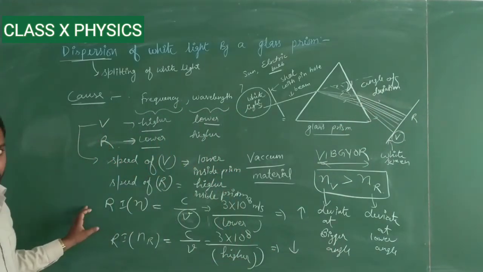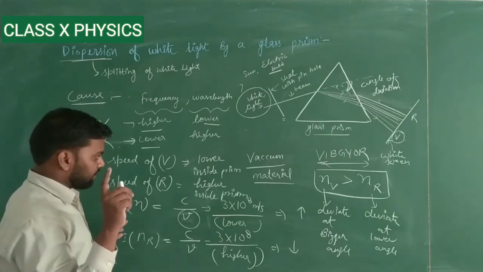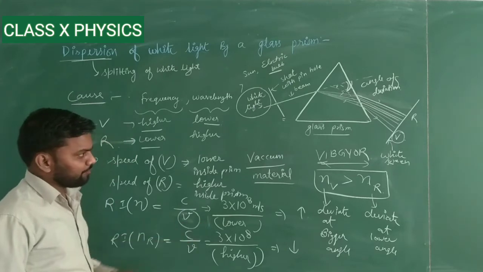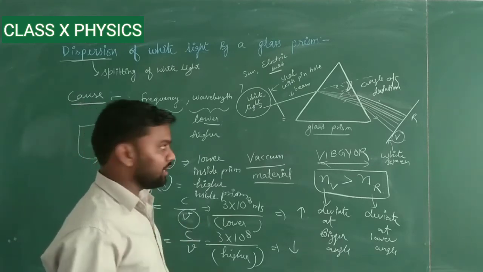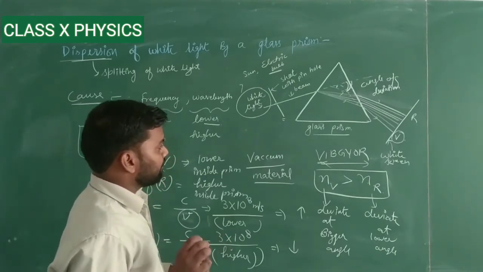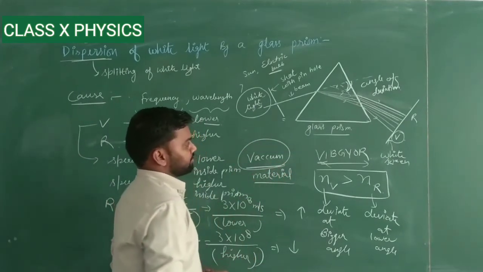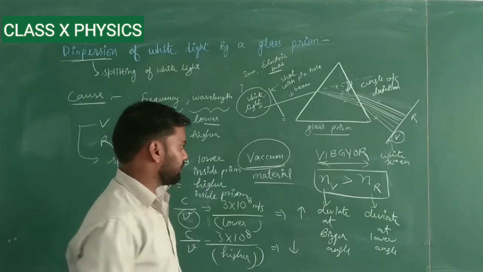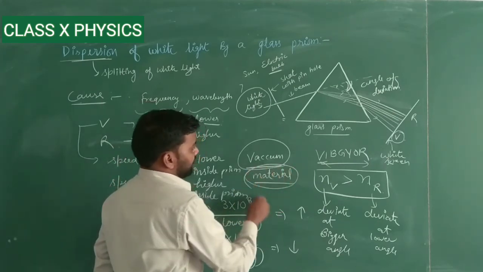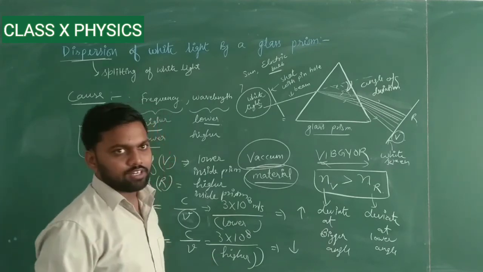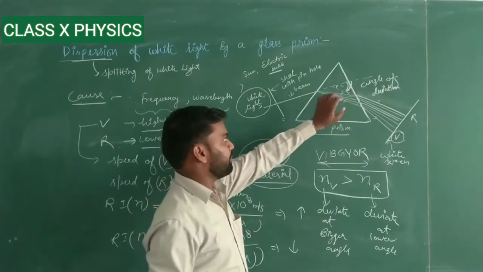Okay students, now one question will come to mind: how can we calculate the speed of light? The speed of light is not the same in all materials. The speed of light in vacuum is 3 into 10 to the power 8 meter per second, but in any other material it will change. Different colors have different speeds inside the prism.